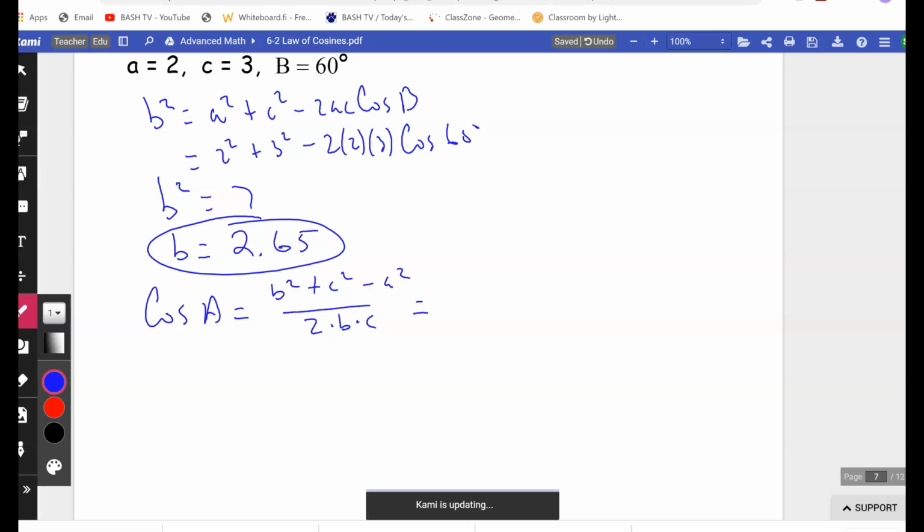All right, well, b is 2.65, squared, plus 3 squared minus 2 squared all over 2 times 2.65 times 3.